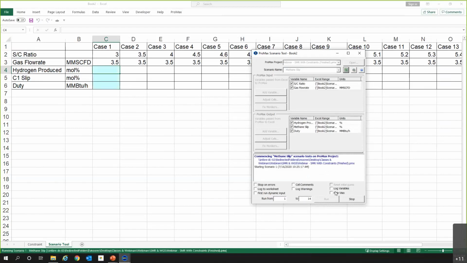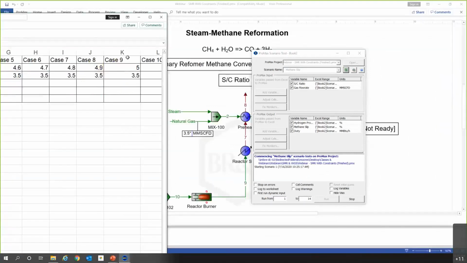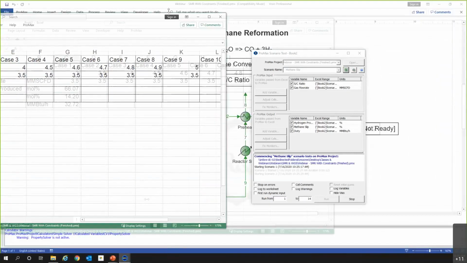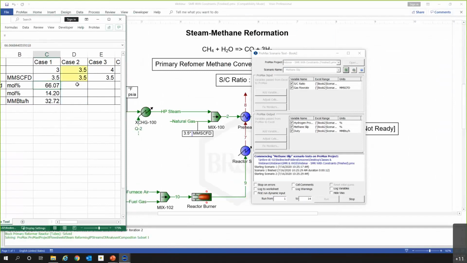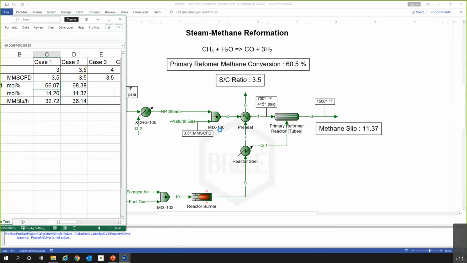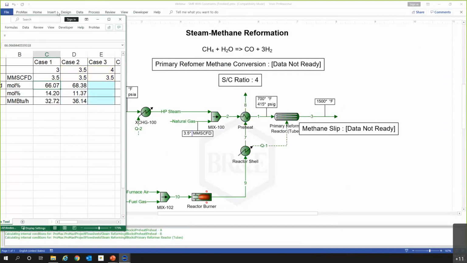As you can see, I minimize this. What is happening is ProMax is taking the input variables from the Excel sheet, unsolving and resolving the ProMax file, and giving us values that we asked for.